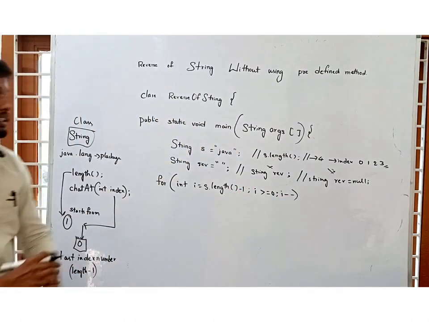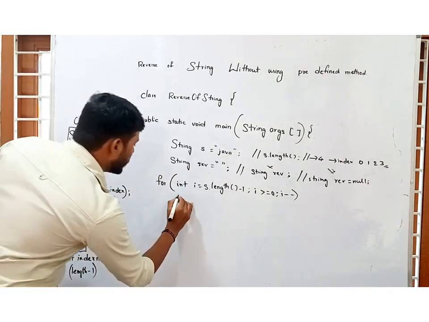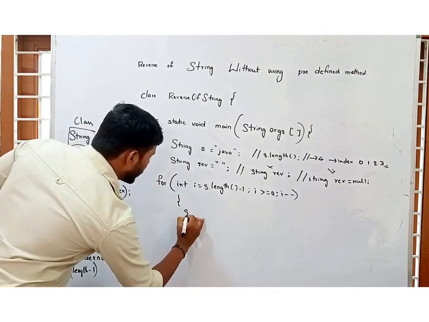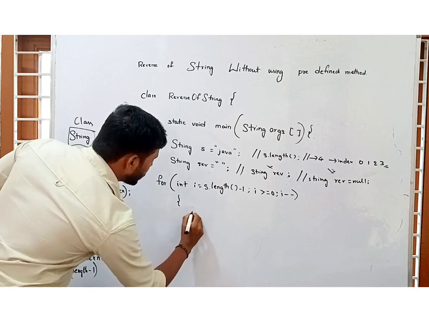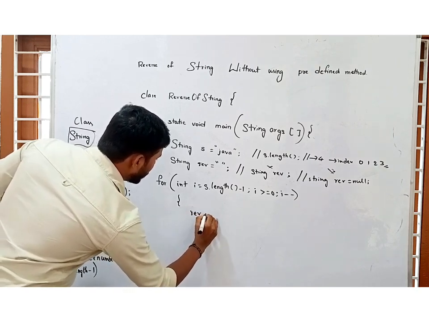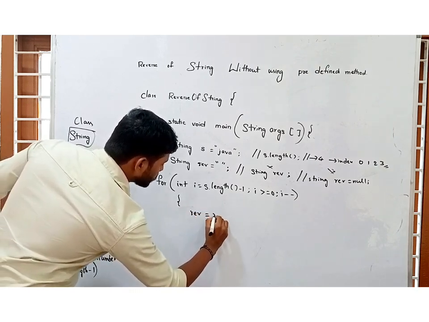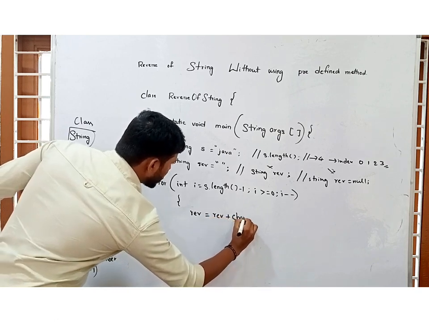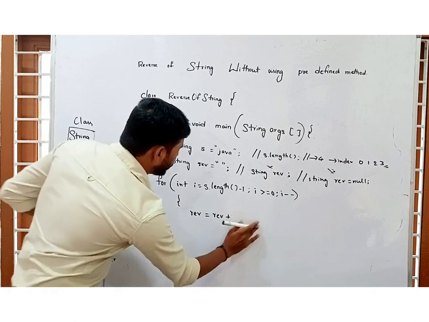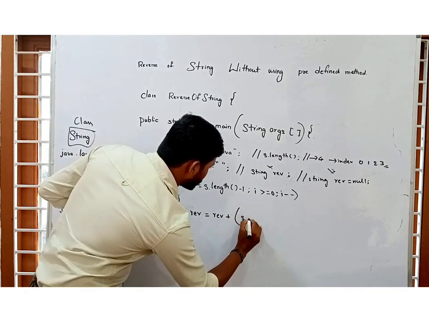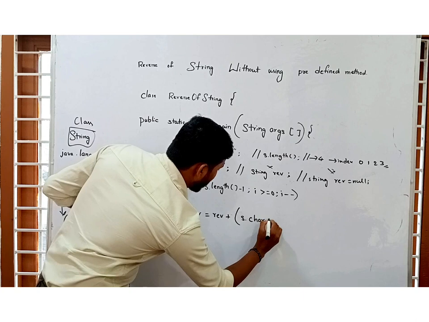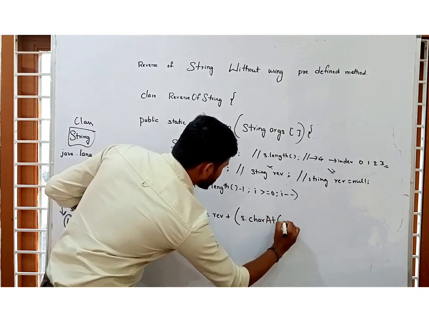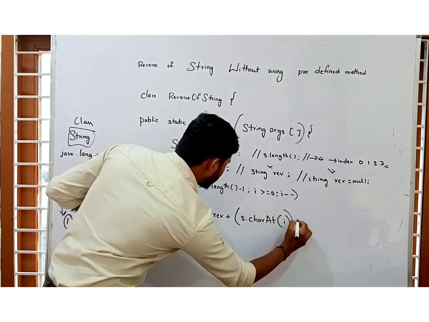This is the decrement. And here I am opening the loop. Here I am going through reverse equal to reverse plus s.charAt(i).